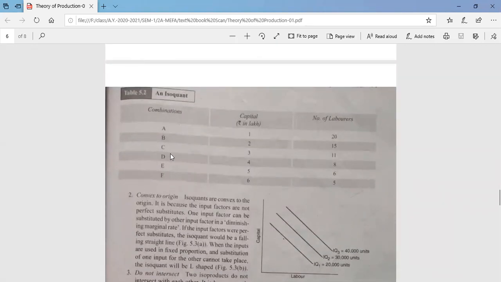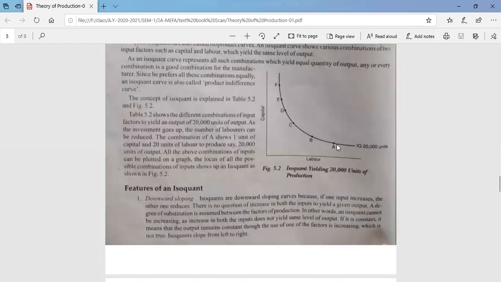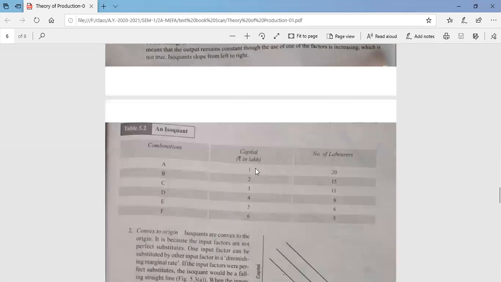So these are the combinations. At point A, capital is only 1 lakh rupees, but the number of labor required to produce 20,000 units is 20. At point B, I have a capital of 2 lakhs.